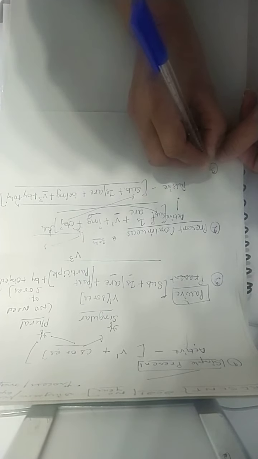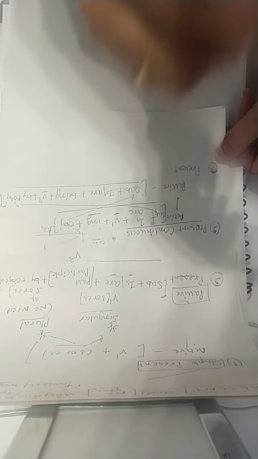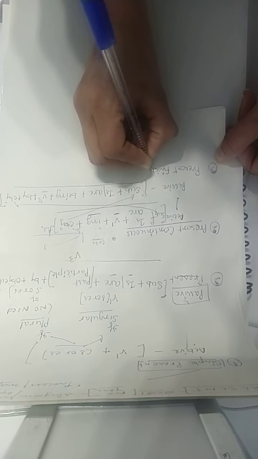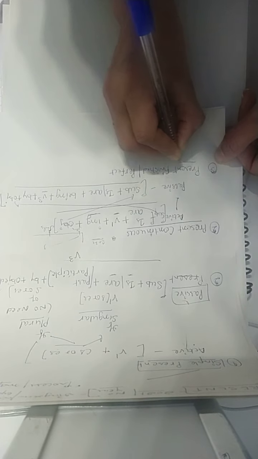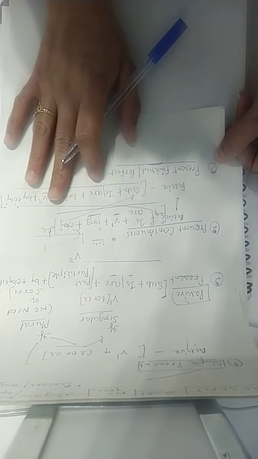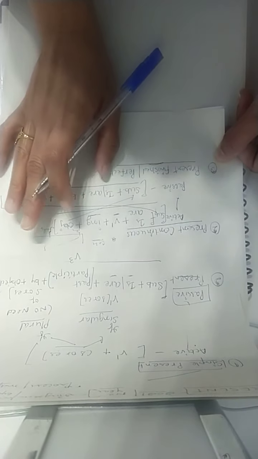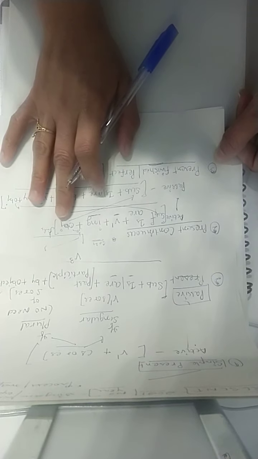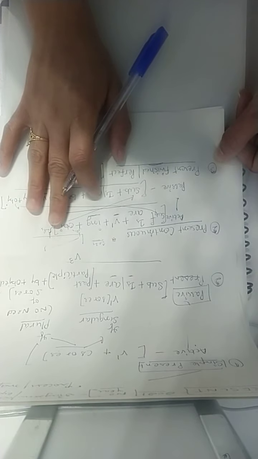Then the third is present finished, or you can also call it present perfect. Finished means something which has been done, that is past. I will also share videos related to present tenses and past tenses for grammar students and for every student studying English. It's important.